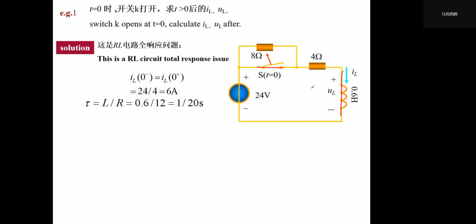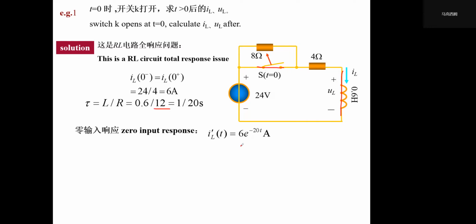After we turn on the switch, this 8 ohm resistor is back in the circuit. So the total is 8 plus 4, 12. So we have the tau.